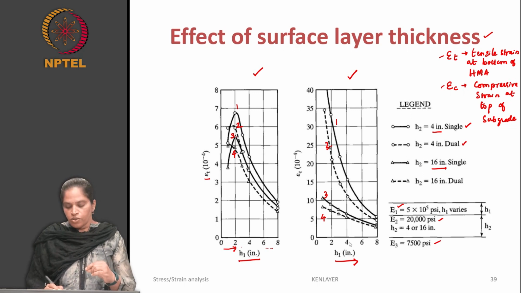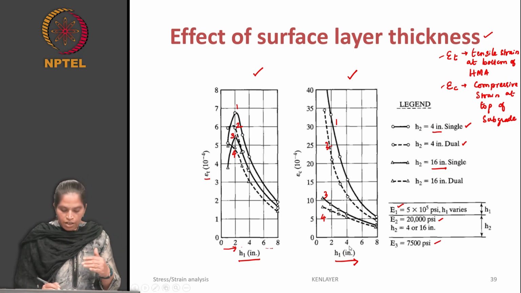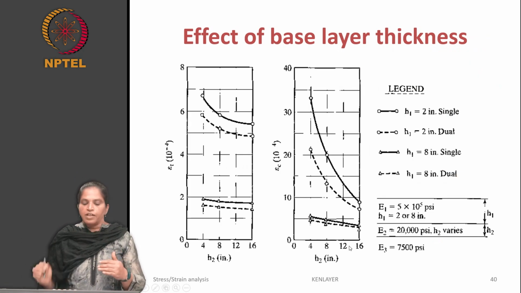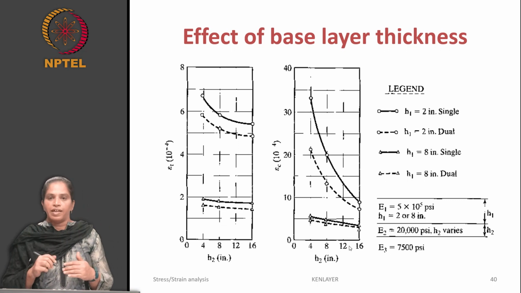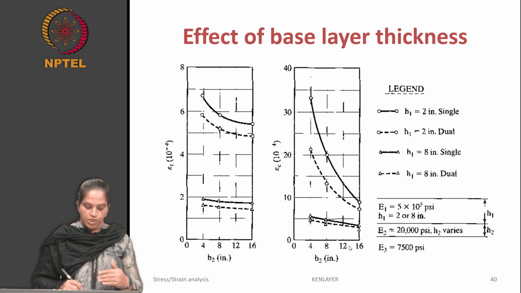And here again you can see that epsilon C is consistently higher for a single wheel load compared to a dual wheel load.